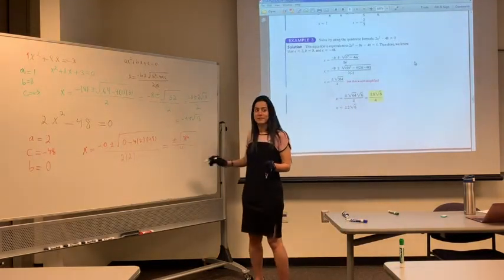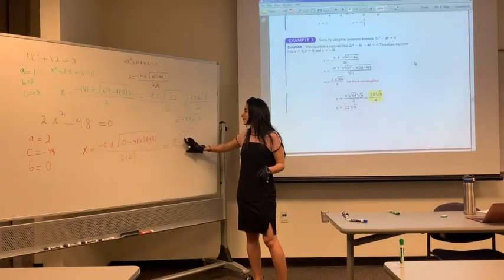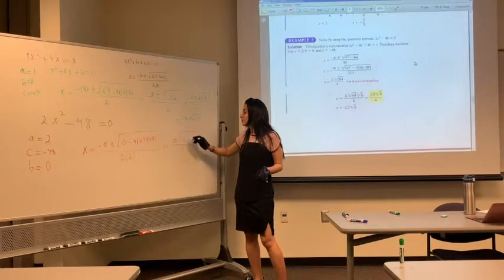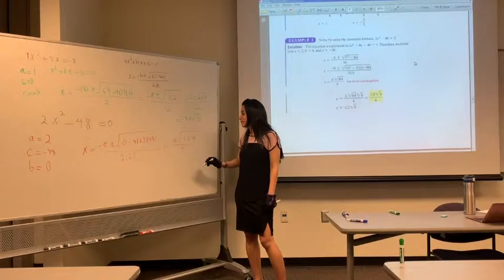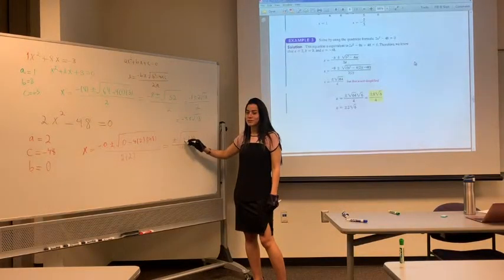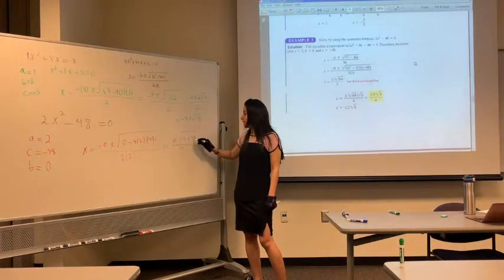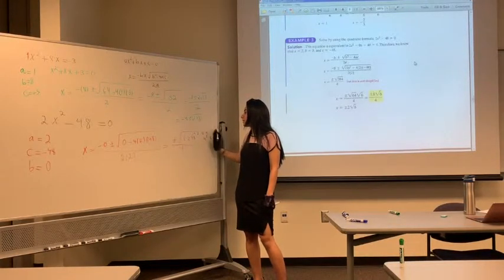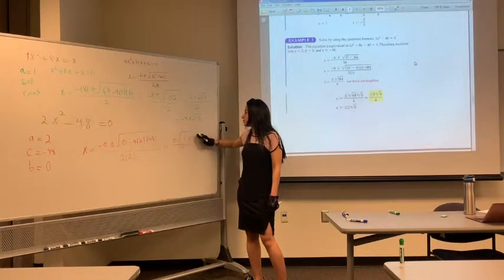So it was 4 multiplied by 2 multiplied by 48, right? 4 comes out. And then 48 also is 24 multiplied by 2, 12 multiplied by 4, 4 squared multiplied by 3.